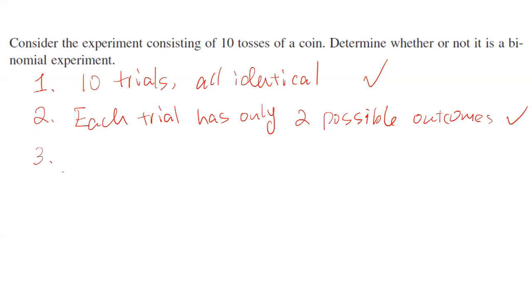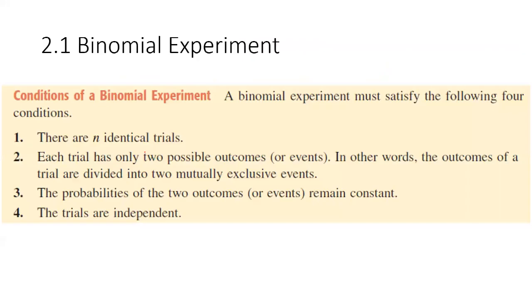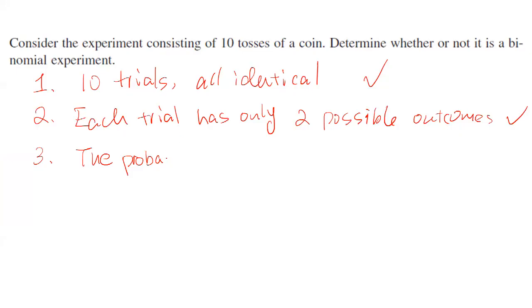Number 3, the probability of obtaining a head in a trial is 1/2 for any toss, right? The probabilities of the 2 outcomes are constant.